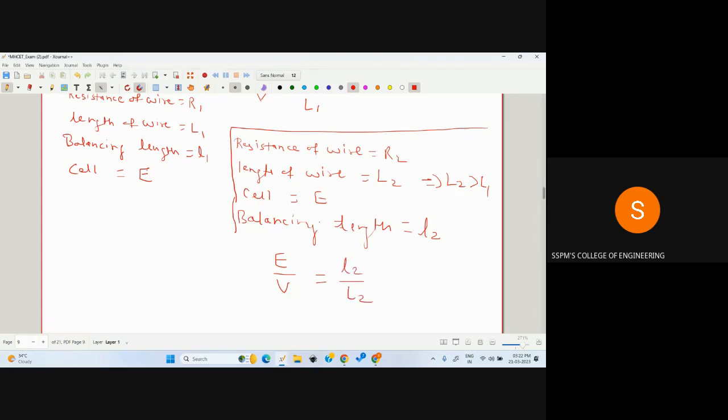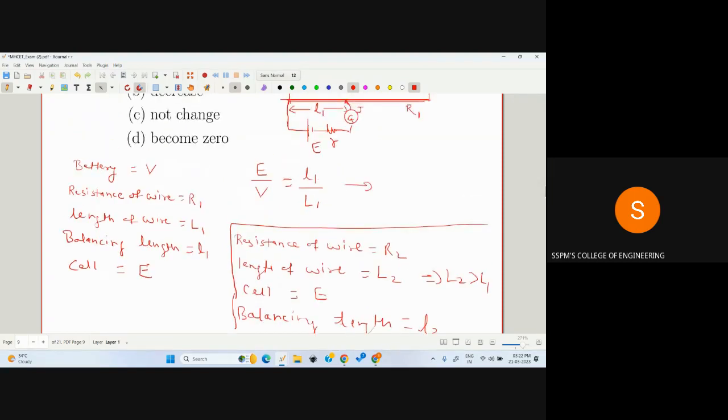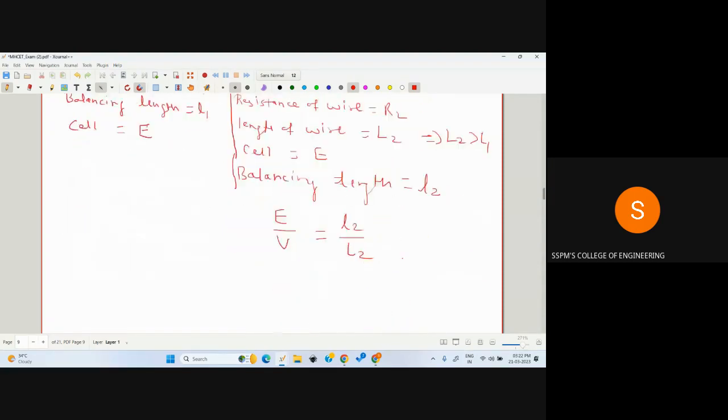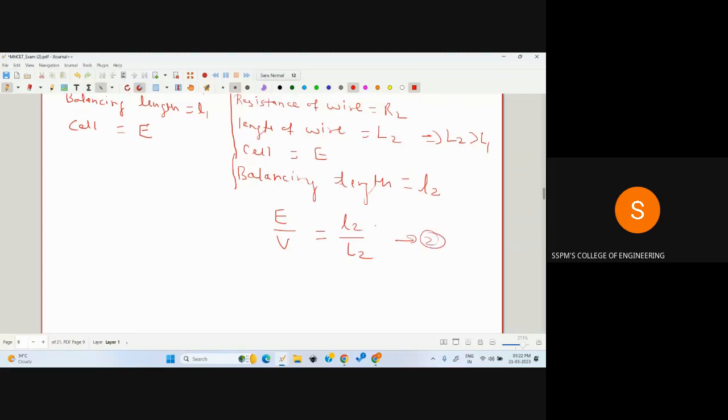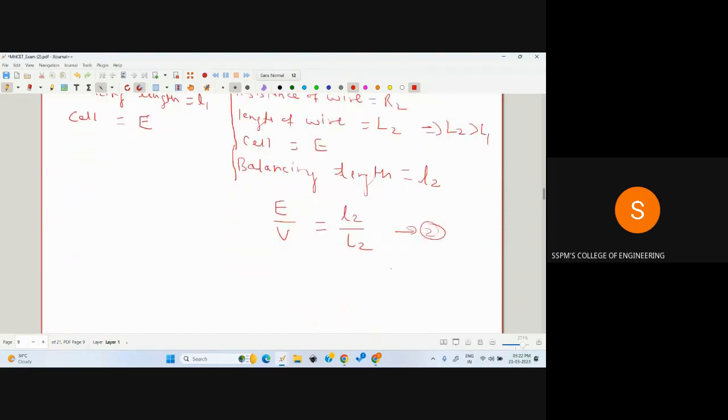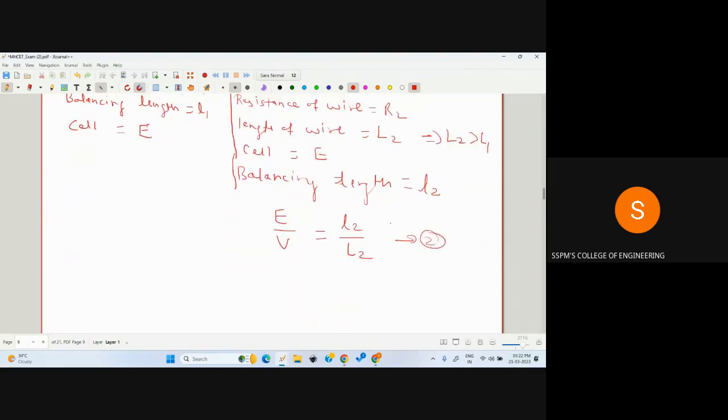Now you can compare these two equations, the first equation and second equation. The first equation we got after applying the first case, and the second equation we obtained after applying the second case.